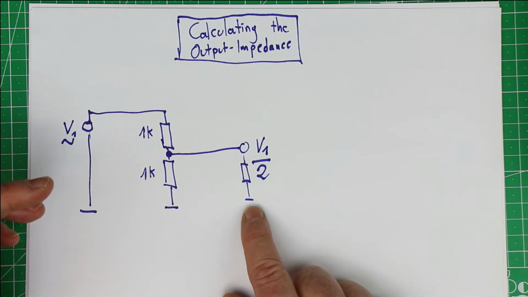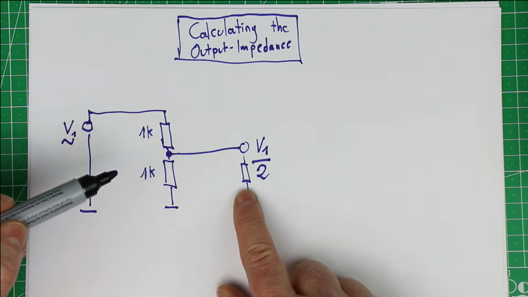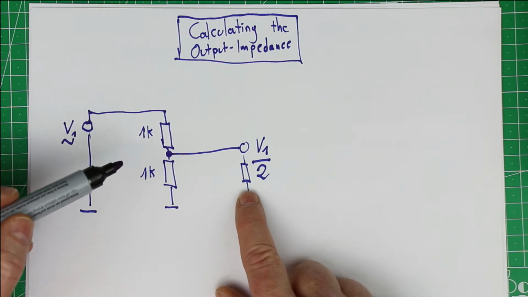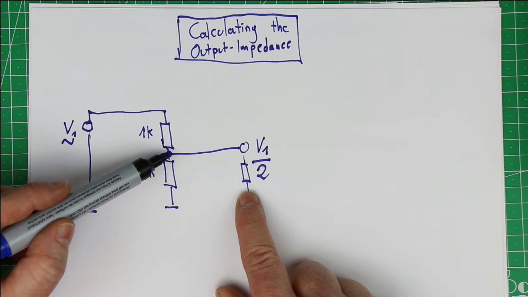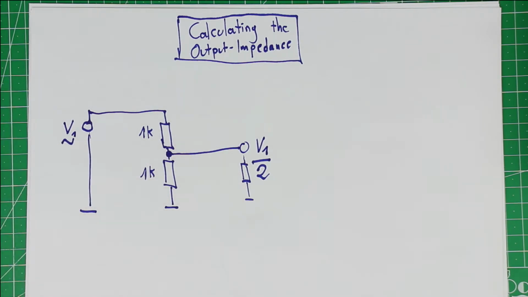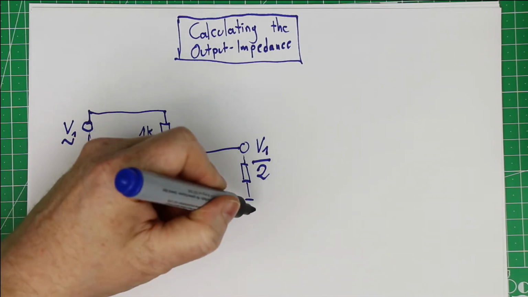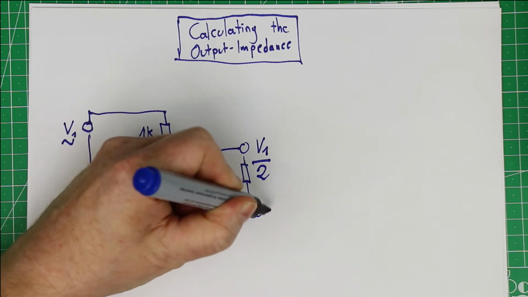So now think for yourself for a minute, which resistor would we need to halve the output voltage? So the surprising answer is we would not need 1K, but we would need 500 ohms.